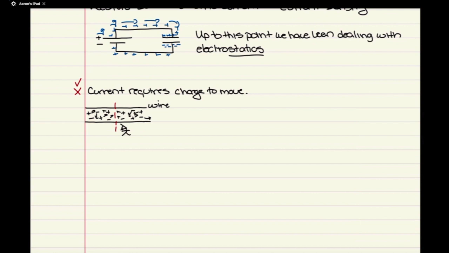So with this random motion of charge, you might expect that at any given point in time, there are just as many positive charges moving past the sensor to the right or to the left as there are negative charges moving past the sensor to the right or to the left. So there's no current in this case.